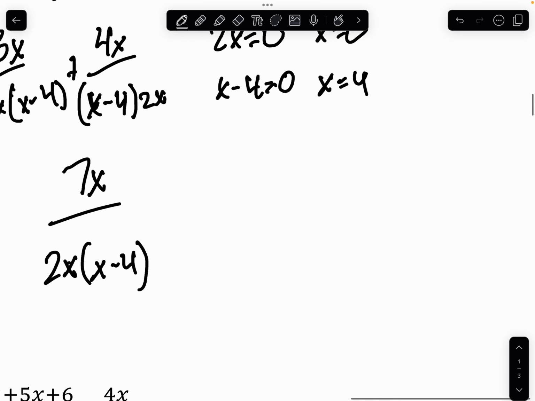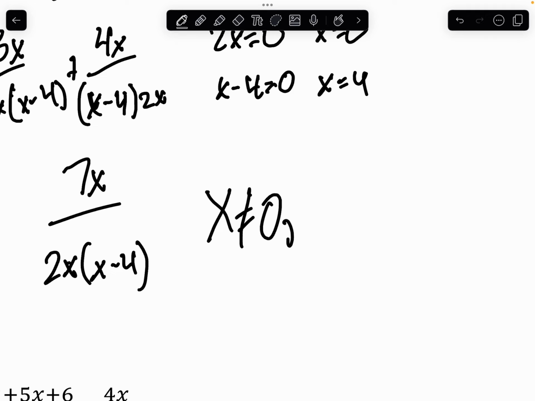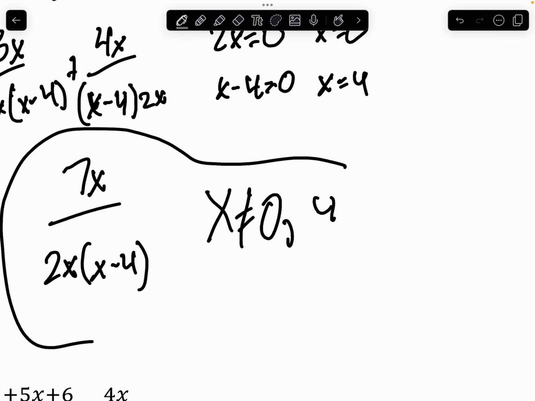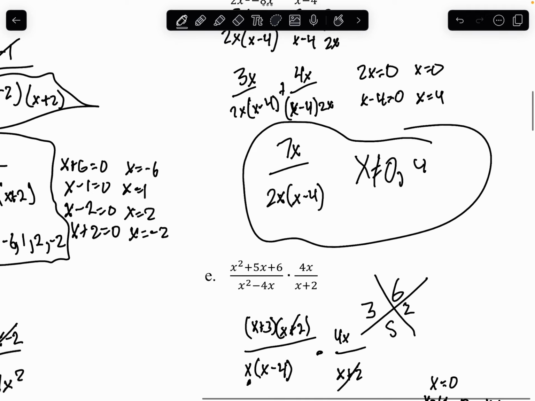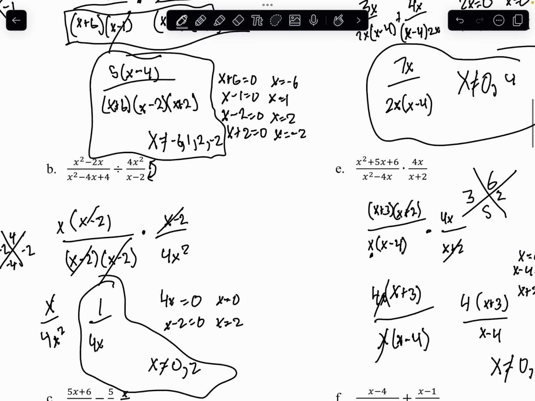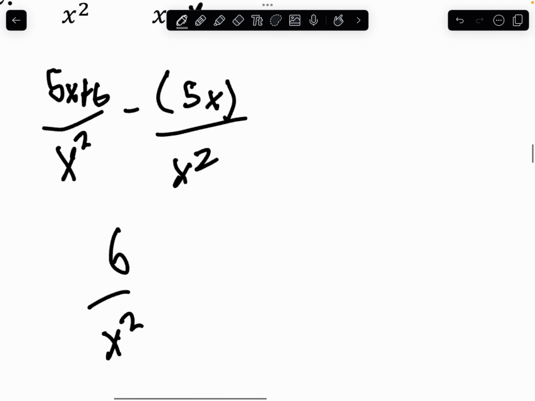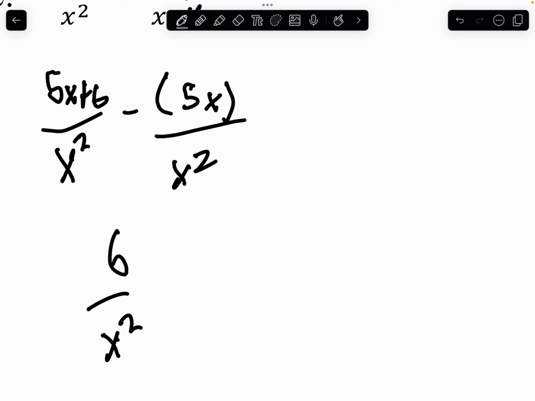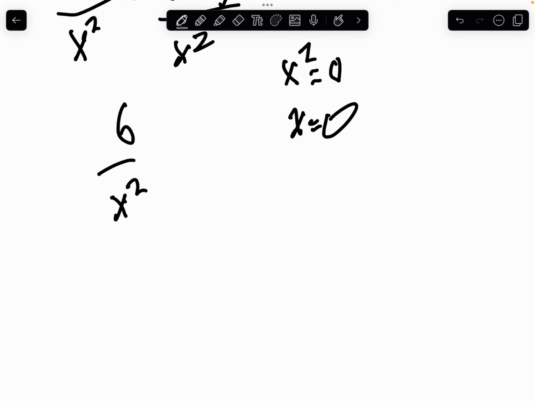So x cannot equal 0 or 4. And then this one, I'm going to set x squared equals 0, which means x equals 0. So 6 over x squared, and x cannot equal 0.